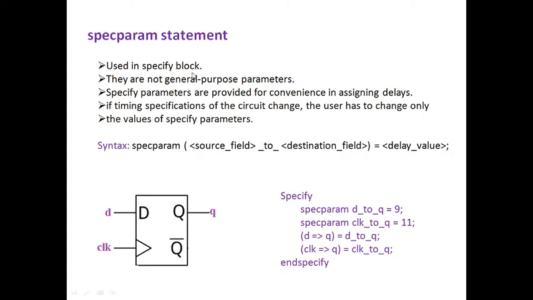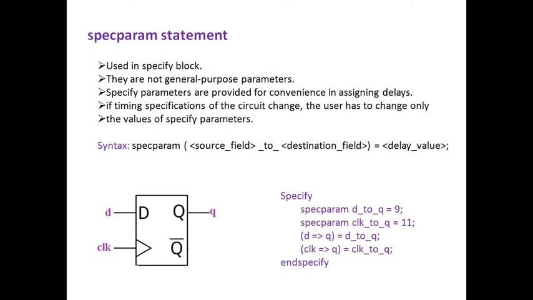And the next concept is specparam. Sometimes in our Verilog language, specify parameters are very important, as these can be declared only inside your specify block, and we use specparam as the keyword. So what is the specparam meant for?